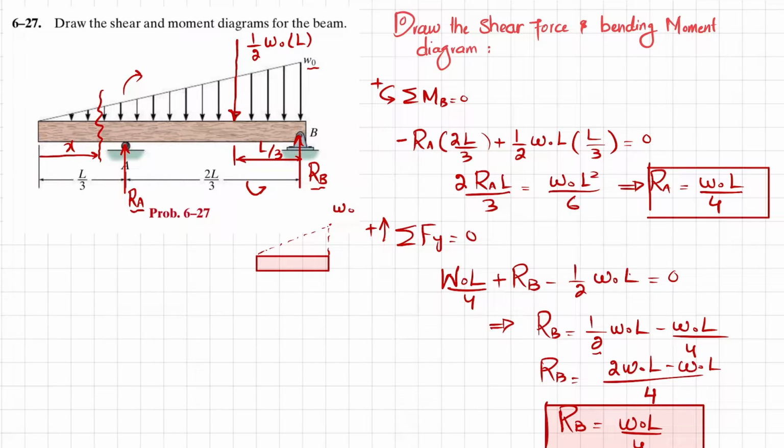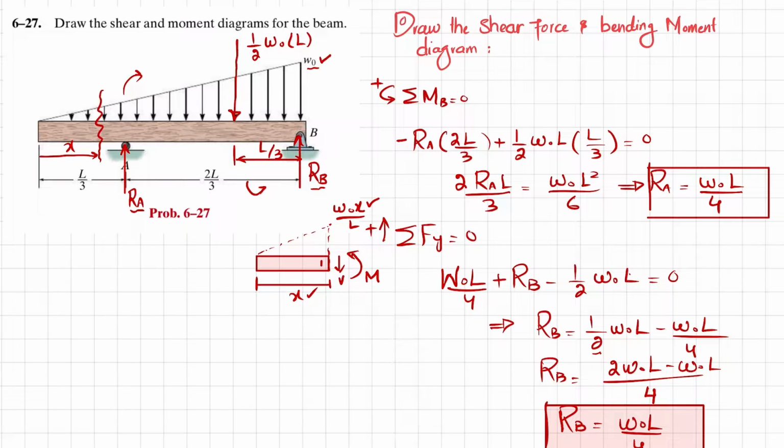If this distance is x, it will be W naught x by L, since the magnitude here is W naught. So when you cut the beam at a distance of x, the magnitude will be W naught x over L. And when you cut the beam, there will be a shear force V, and there will be a moment M as well.